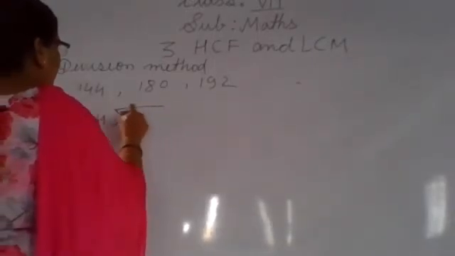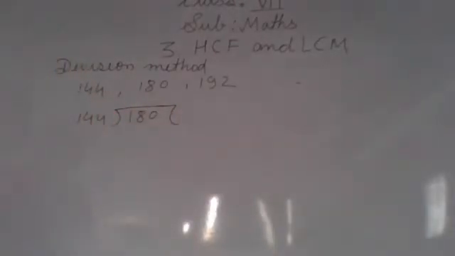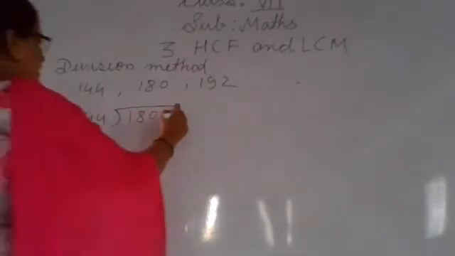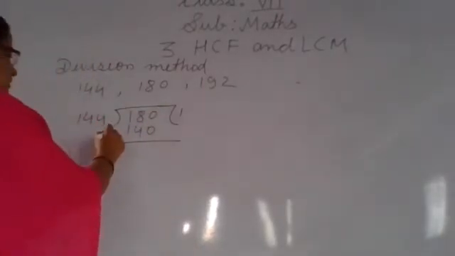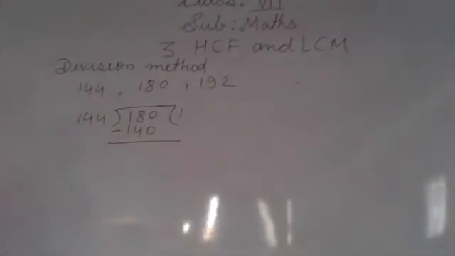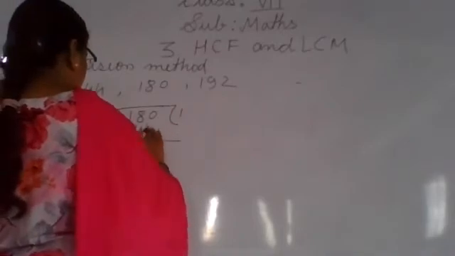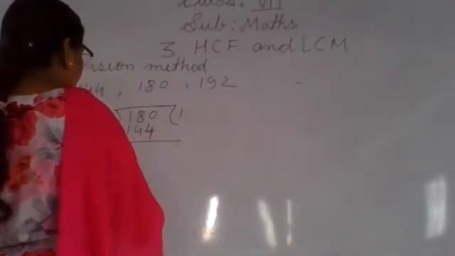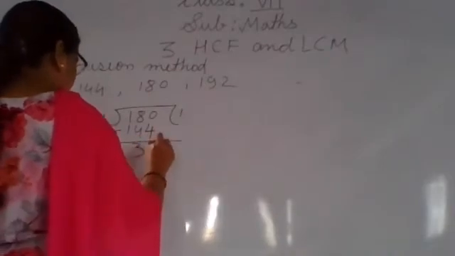144 and 180. So here 144 ones are 144. What is the remainder? Yes, 180 minus 144 is 36.